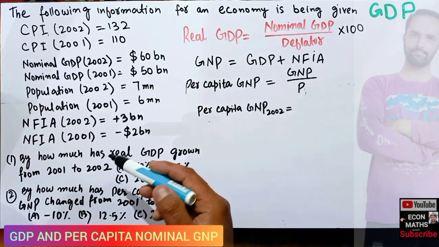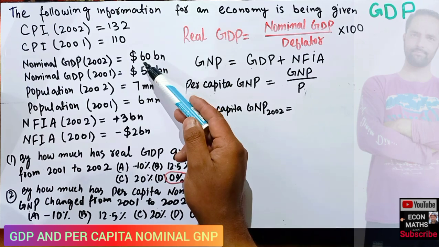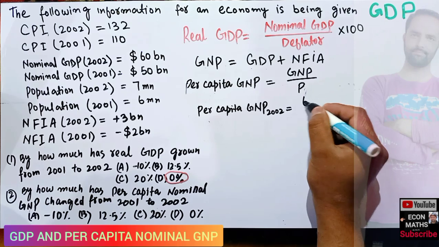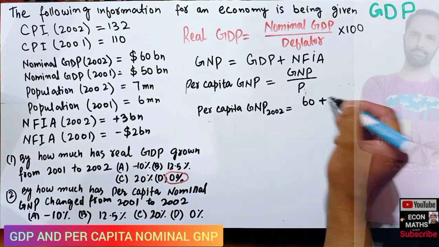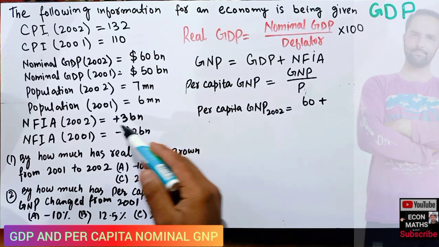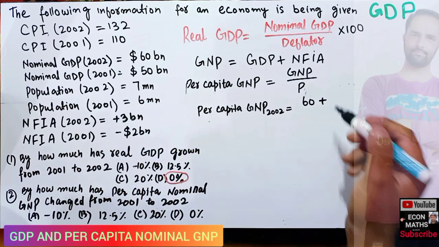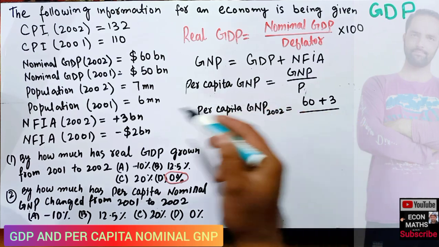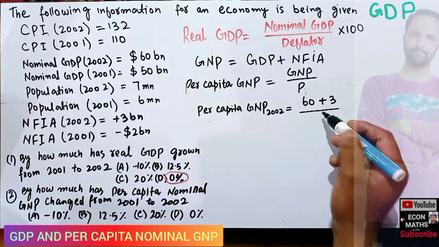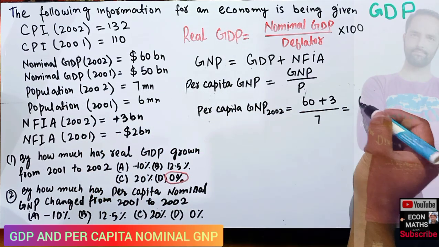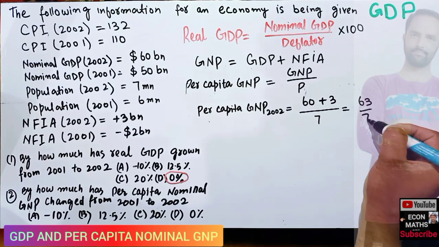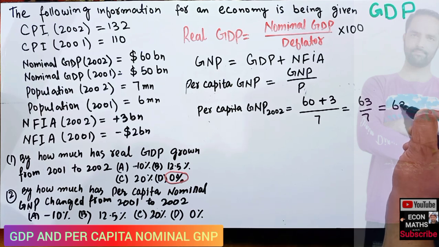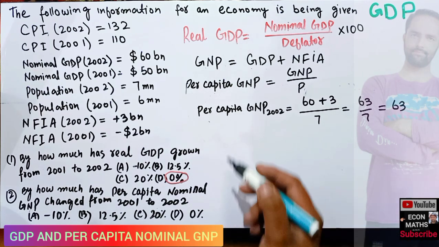So in 2002 we have 60, that is our GDP, plus net factor income from abroad, 3 billion, divided by the population in 2002, which is 7. So this is 63 upon 7, which comes out to be 9. 7 nines are 63. Okay, I got it here as 63.